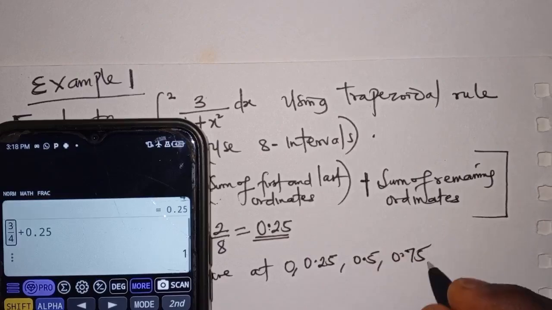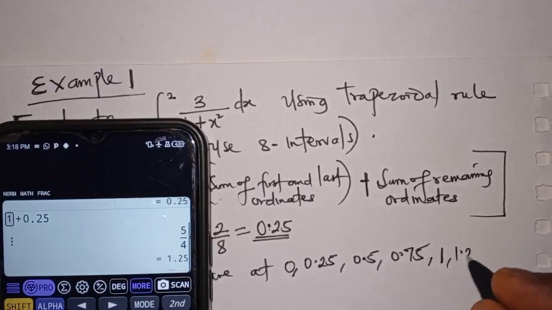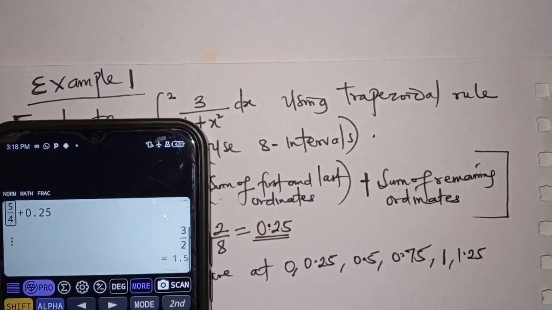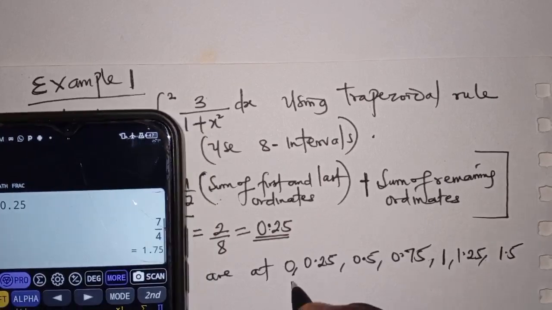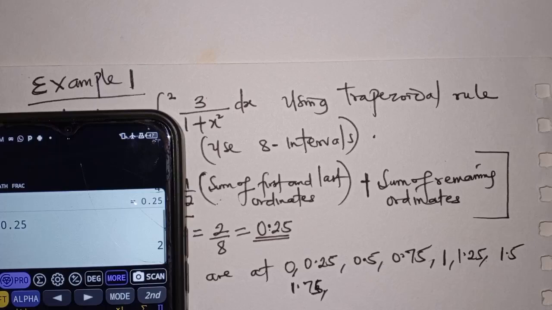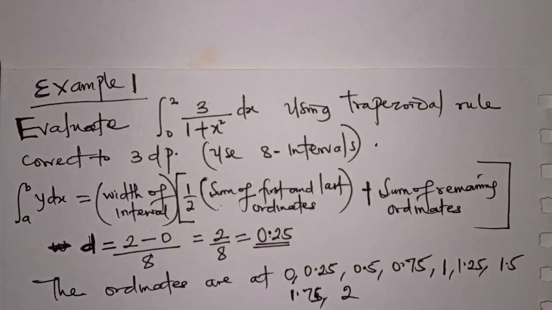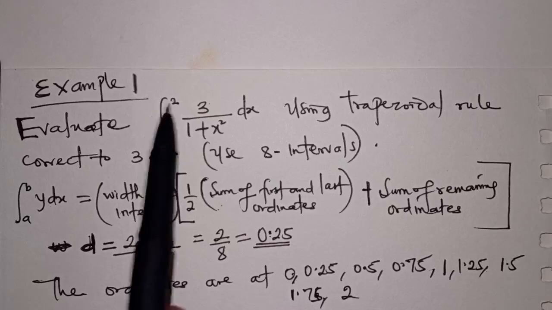Again, that's 1. Again, that's 1.25. Again, that's 1.5. I hope you're getting me. Again, that will be 1.75. Again, that's 2. So you can see that it started from the lower limit 0 and ended at the upper limit 2.